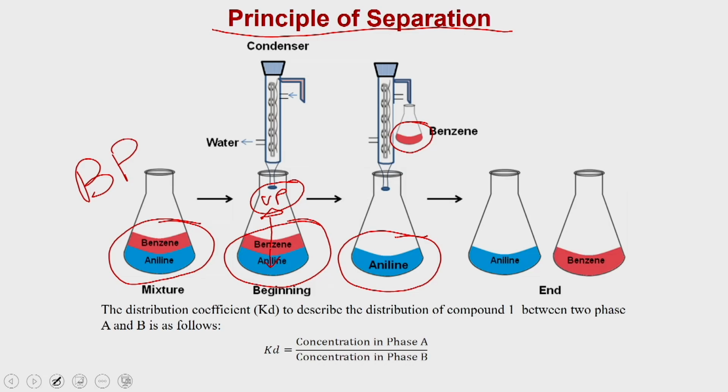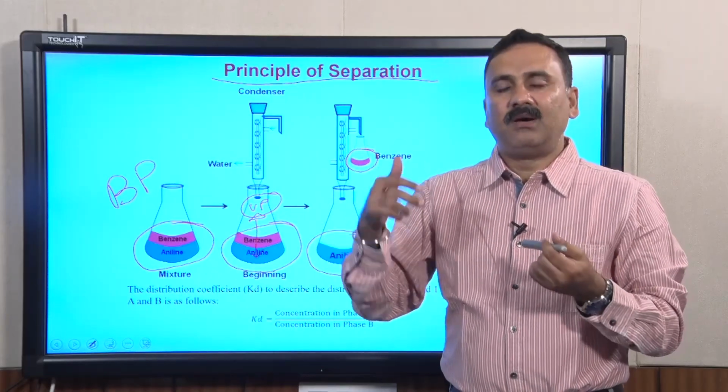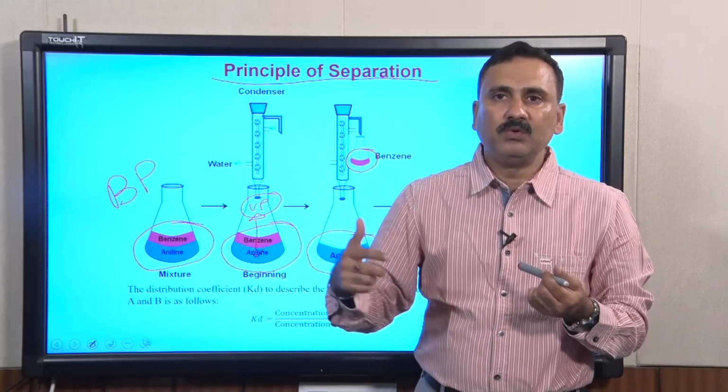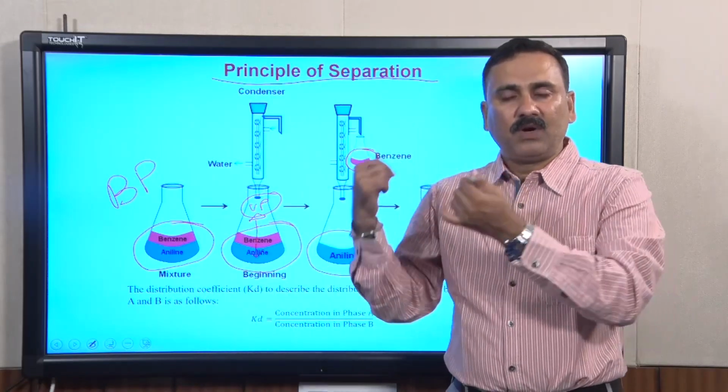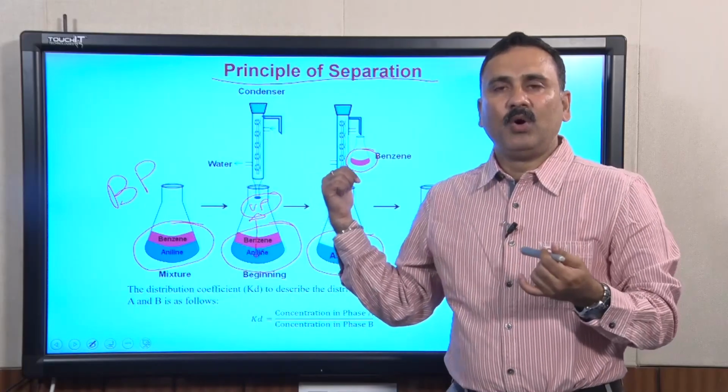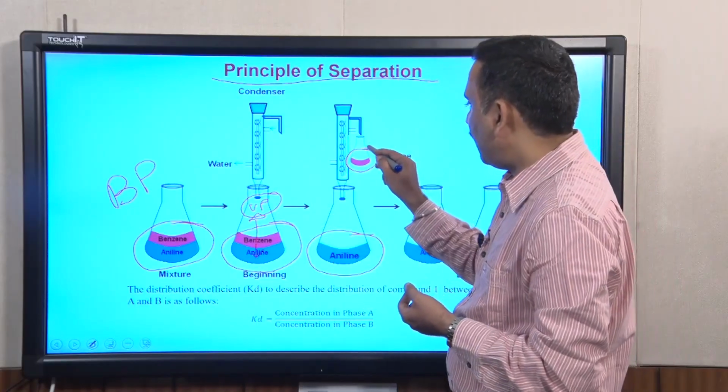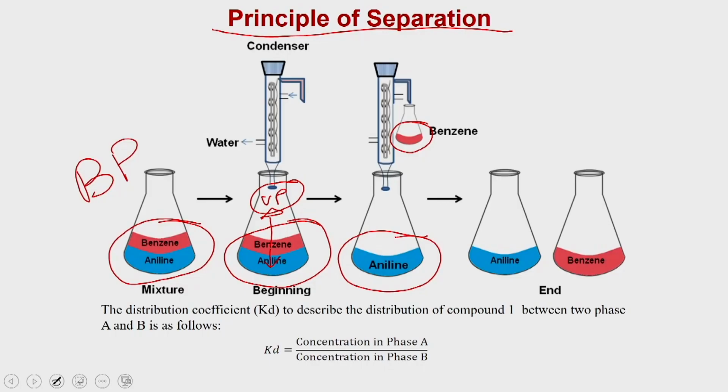At that point, more and more benzene is going to be collected in the other flask. If you continue this process, in the beginning there will be a mixture of benzene and aniline in the top flask as well, but the amount of aniline is going to be reduced in the subsequent distillations, and at the end you are going to have pure benzene in the top flask and pure aniline in the lower flask.